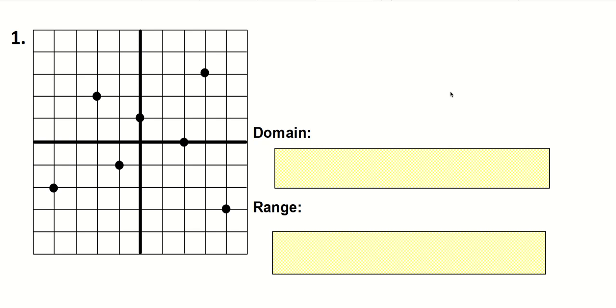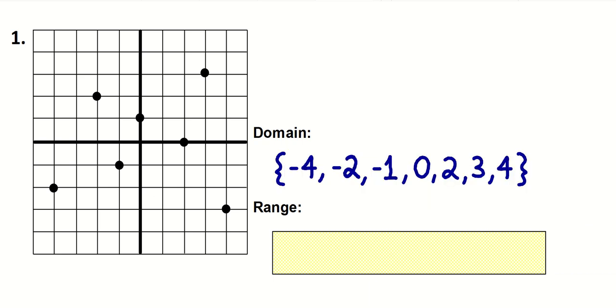So at most, that's 7 different x coordinates, and at most it's 7 different y coordinates. So all I have to do is go from point to point to point and list only the x coordinates for each point. So this one is a finite list with only so many.